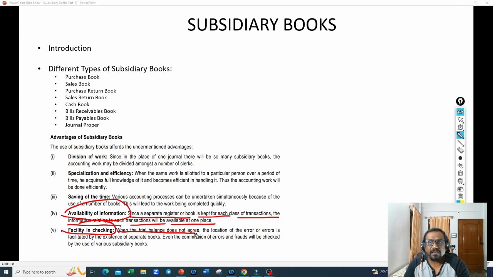Since he is an expert in that particular area, he will tell you what all would have happened, and he can help you out in identifying the difference, and it will be easy for you to figure out the differences and fix the arithmetical accuracy problem in your trial balance. Are you getting my point? So facility in checking is also going to be very, very helpful for us. So these are the advantages of maintaining subsidiary books.